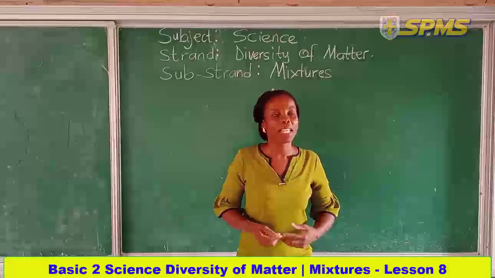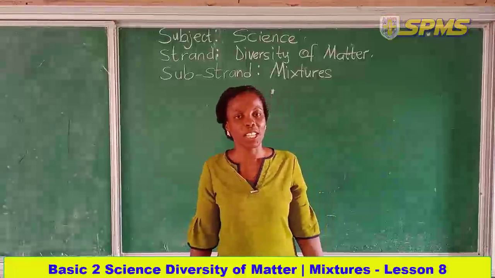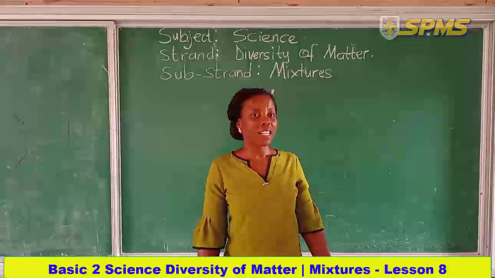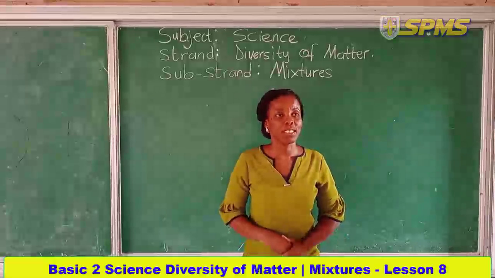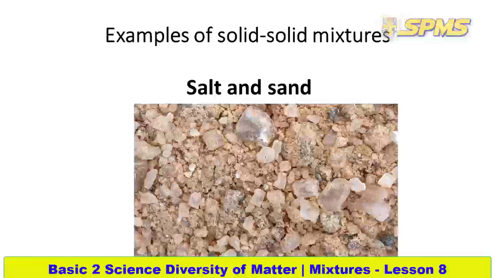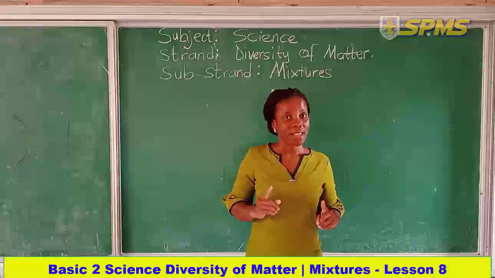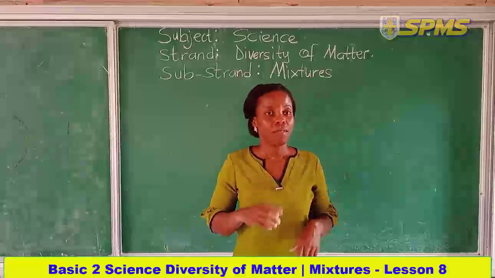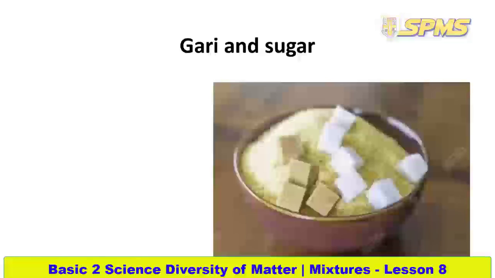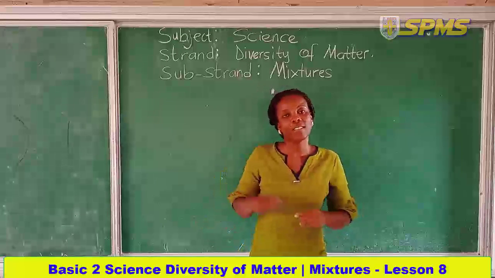Alright, let's have some examples of solid mixtures. On your screen are different examples of solid mixtures. What do we have? Salt and sand can be put together to give a mixture. Remember, not all the mixtures can be eaten. Some of them we can't eat. So be very careful about that. You can also have gari and sugar, all being solid, so you have a solid mixture.